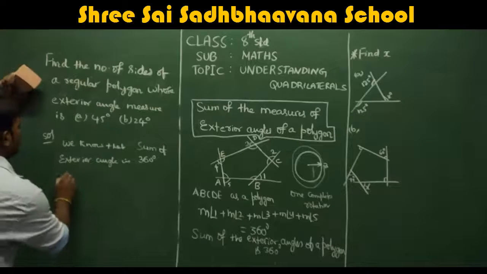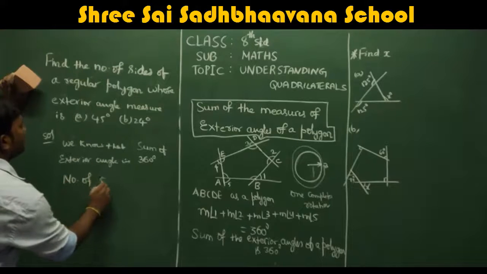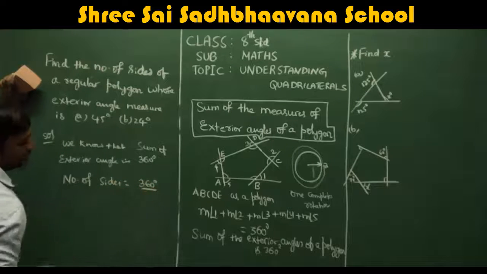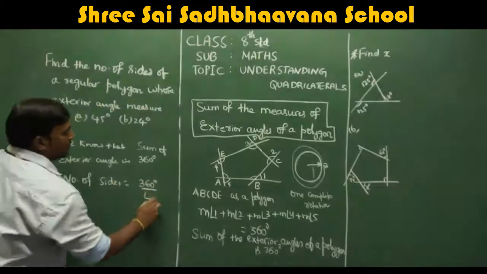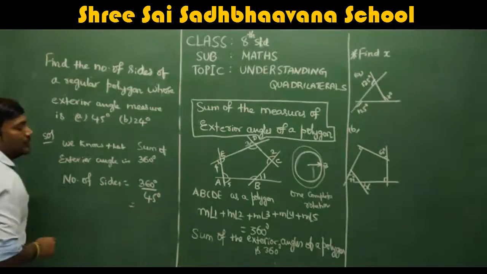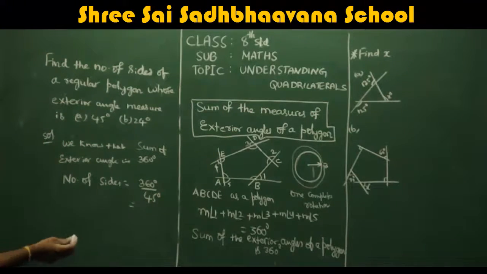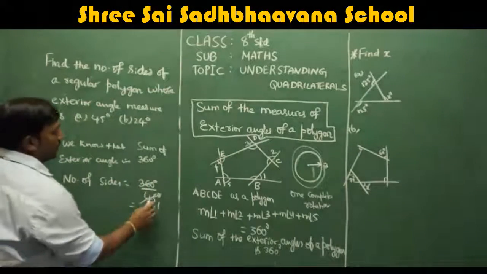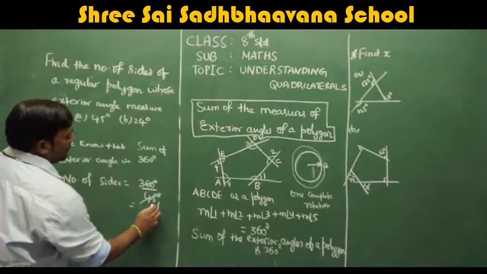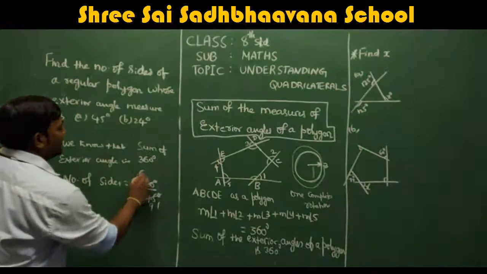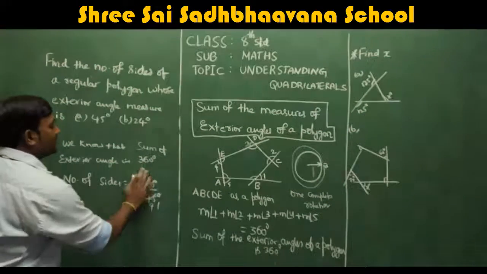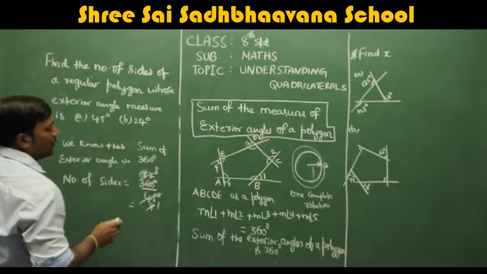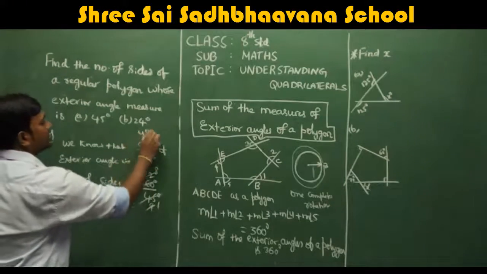The number of sides is nothing but the total exterior angle sum divided by 45 degrees. So how many sides? You can go with 5 if you are getting confused with this. 5 nines are 45, so 45 times 8 is also 360, you can see.